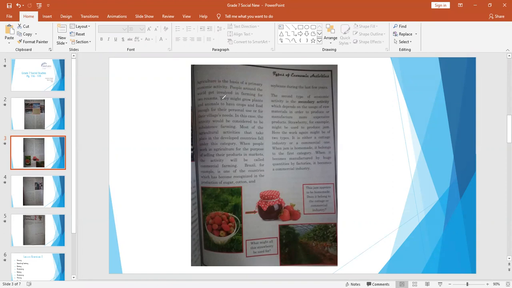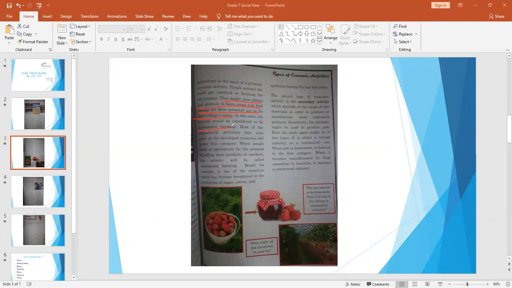It says people around the world get involved in farming for 2 reasons. They might grow plants and animals to have crops and food enough for their personal use or for their village's needs. In this case, the activity would be considered to be subsistence farming. That is what subsistence farming is.